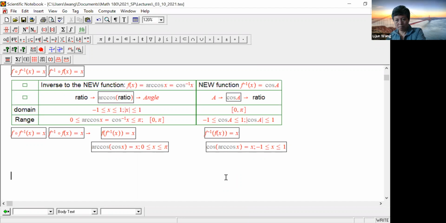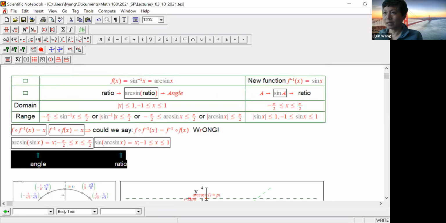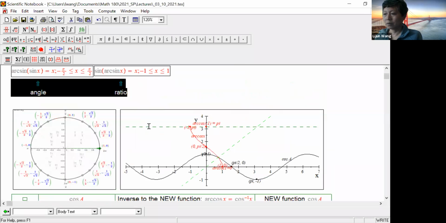Why these restrictions? Because it actually refers to the domain of the new function. But we don't want to use it explicitly, we don't want to confuse people, so we wouldn't put this restriction. Does that make sense? And once again, this input is angle, and this input is ratio. Same thing. Okay, so let me just be a little bit lazy.